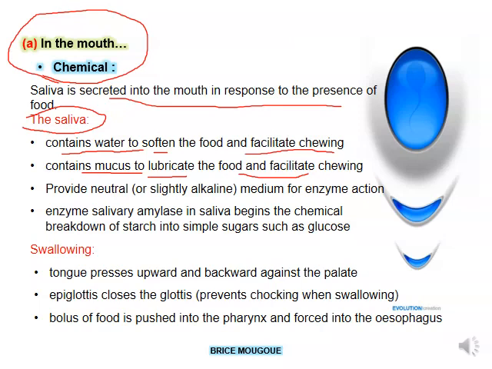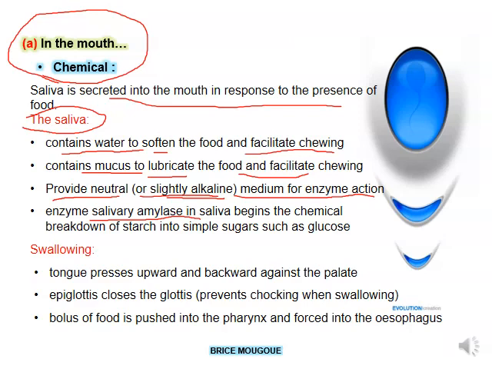Saliva is alkaline. It's not acidic. Hence, it will provide some sort of neutral environment or otherwise slightly alkaline environment, which is necessary for the action of the enzyme found in the mouth. The enzyme salivary amylase, which is present in saliva, would want to function in an alkaline or neutral environment and not acidic environment.